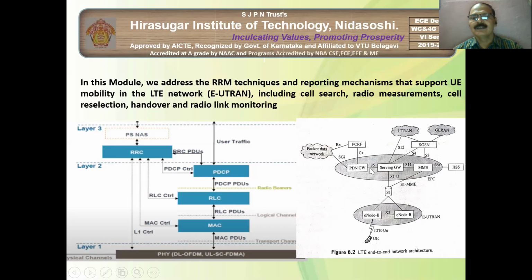The interface from the serving gateway to the PDN gateway we call S5, and as we know, eNodeB to serving gateway we call S1-U, where U stands for user plane. S1 is divided into S1-U and S1-MME. The connection to the MME we call S1-MME, and serving gateway to MME is S11.